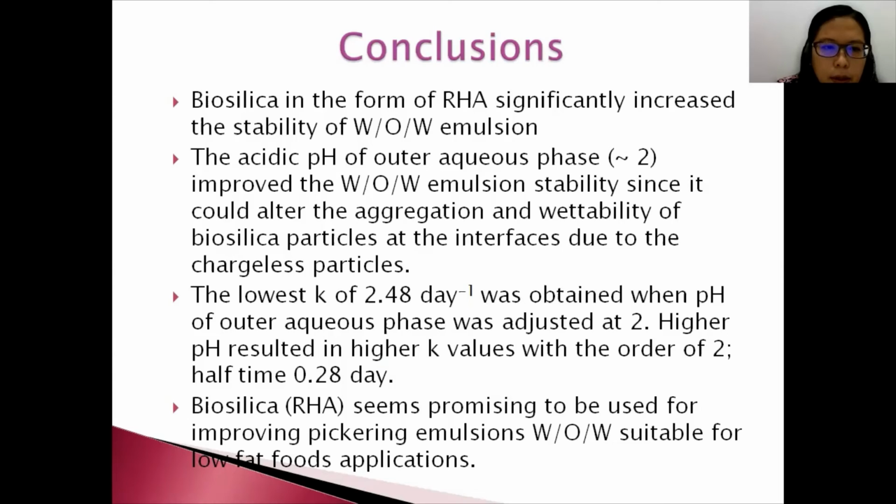Thus, the lowest K of 2.48 days^-1 was obtained when the pH of the outer aqueous phase was adjusted to 2. Higher pH resulted in higher K values, with the half-time about 0.28 day.